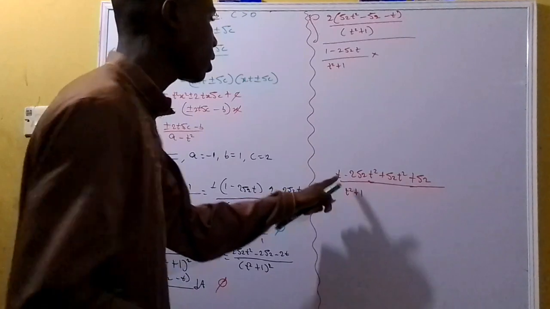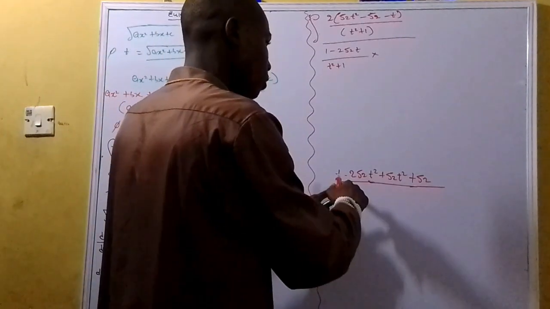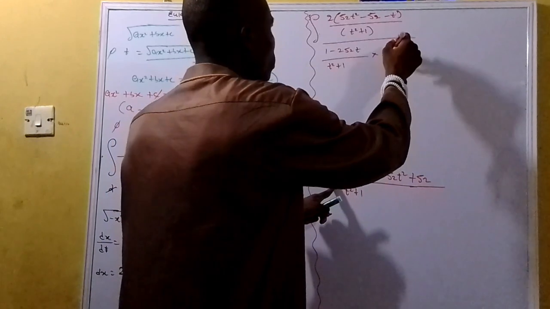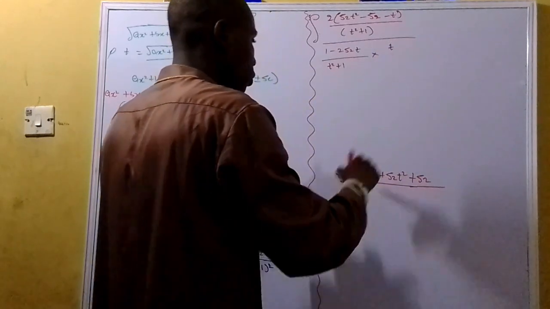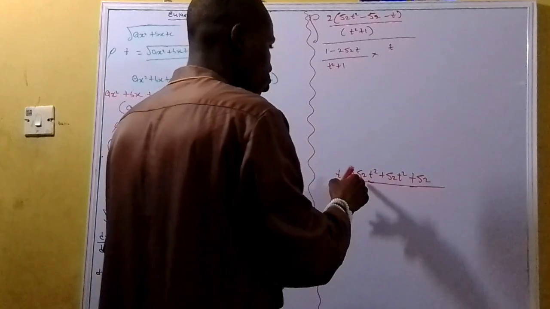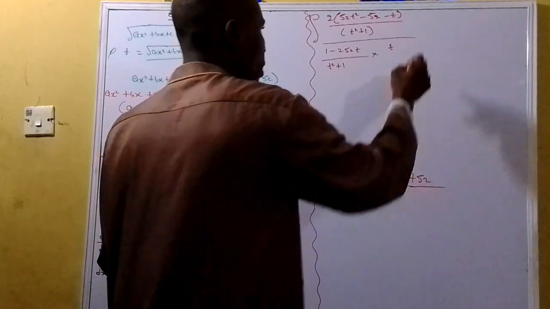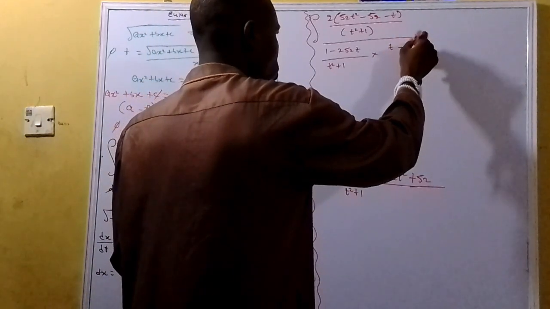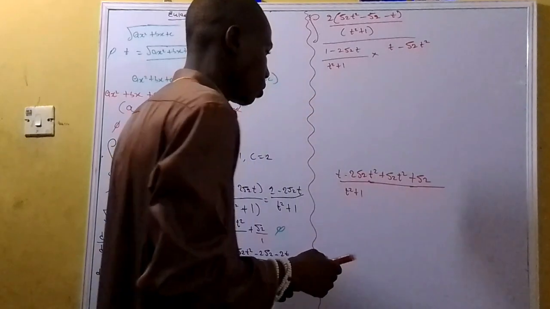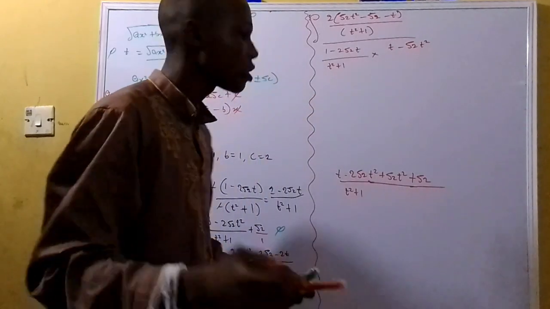So guys, inserting this into here, you have your t. You have your t minus 2 root 2 t squared, then plus 2 root 2. You have minus root 2 t squared. Are you with me? You have your minus root 2 t squared.